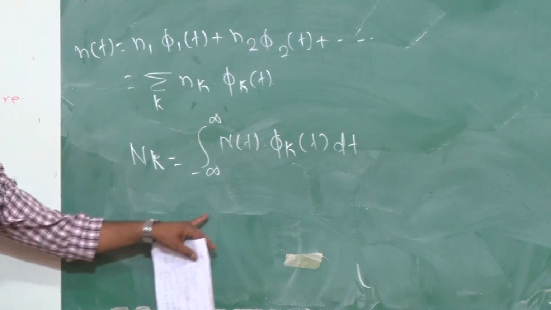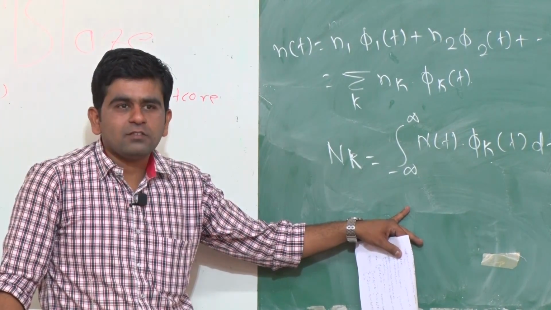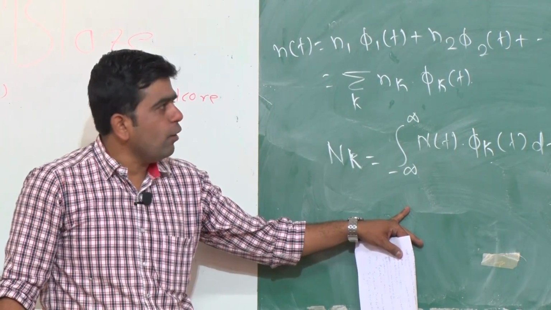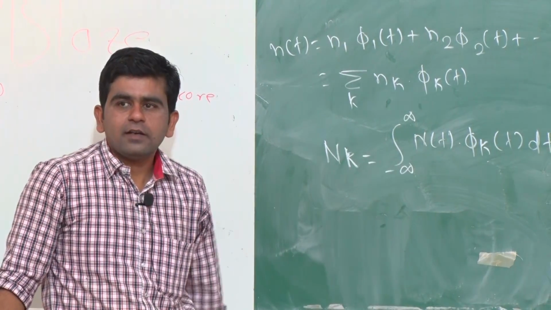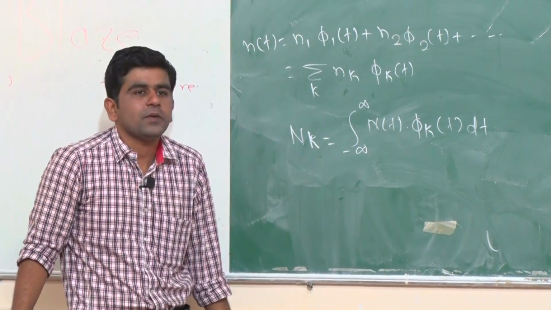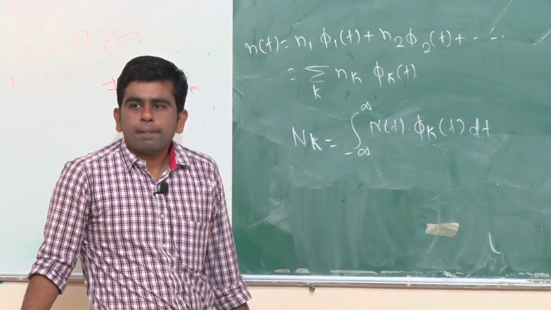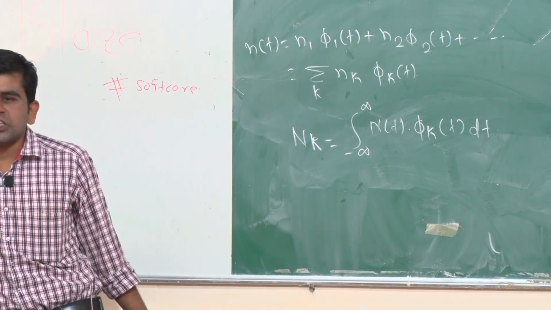This nk, the projection of the random process, white noise n of t, on the kth basis function, is given as nk equal to the integration from minus infinity to infinity of n of t phi k of t dt.